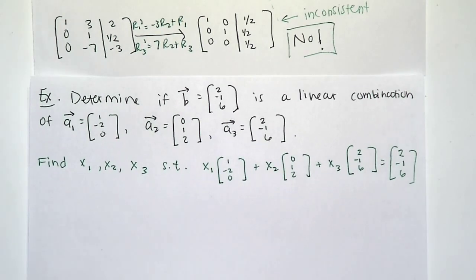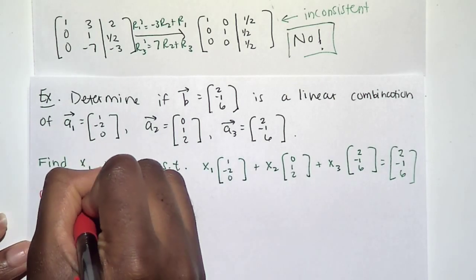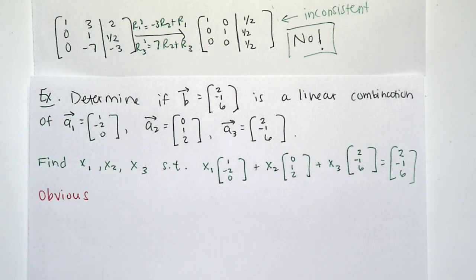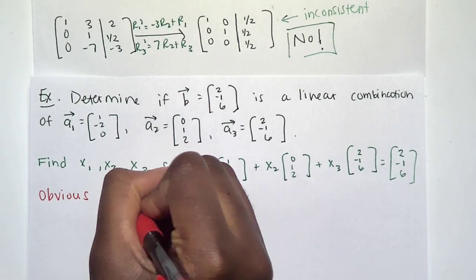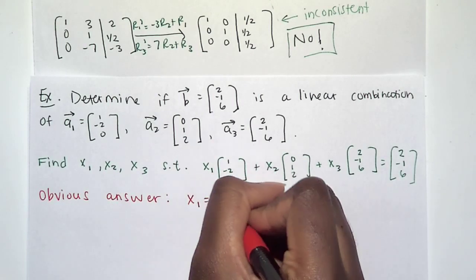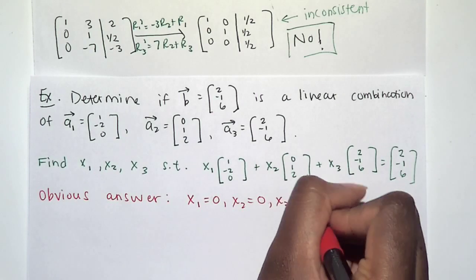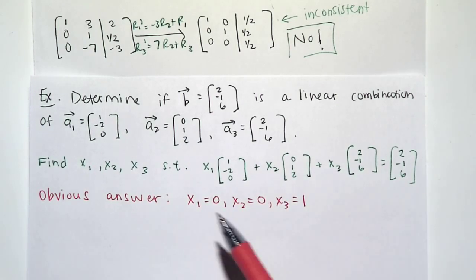All right, so you should be able to look at this and find a fairly obvious answer here. I don't really like to use the word obvious, but here would be an obvious answer. We could let x1 equal 0, x2 equal 0, and x3 equal 1. Plug those in, that should work out.